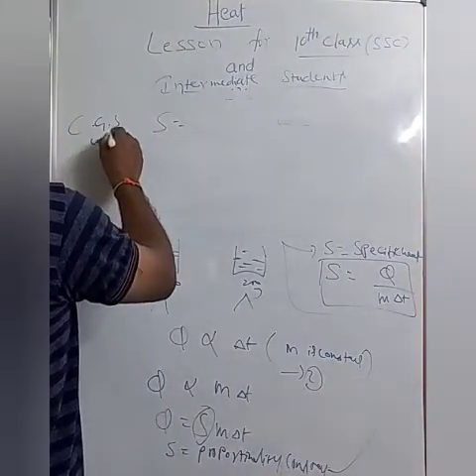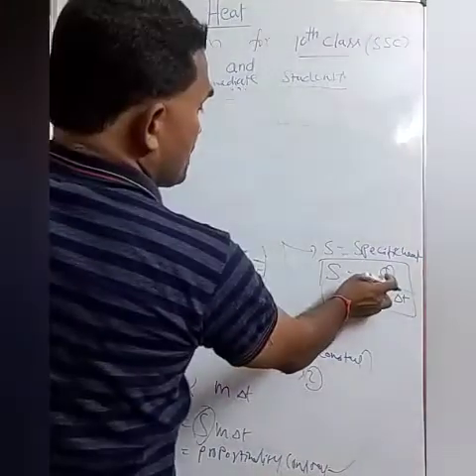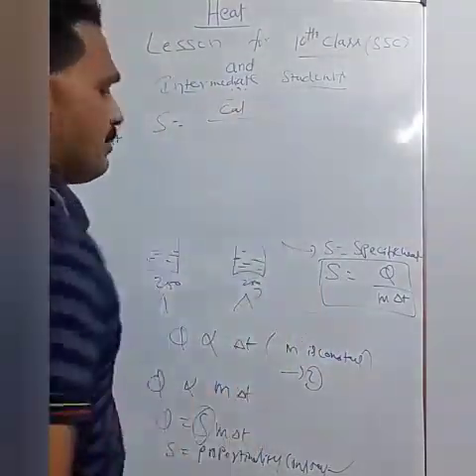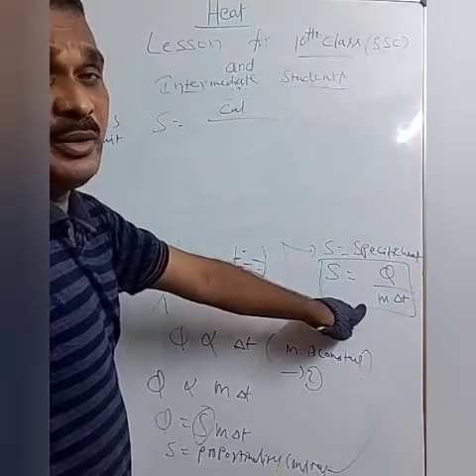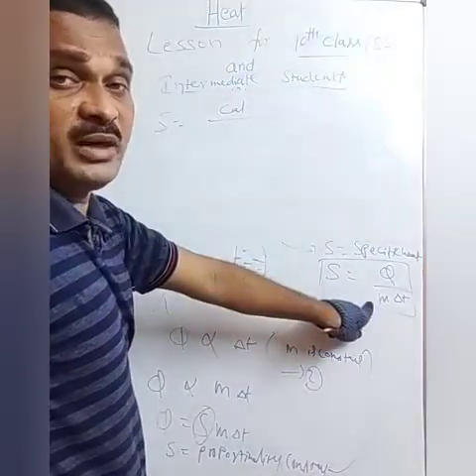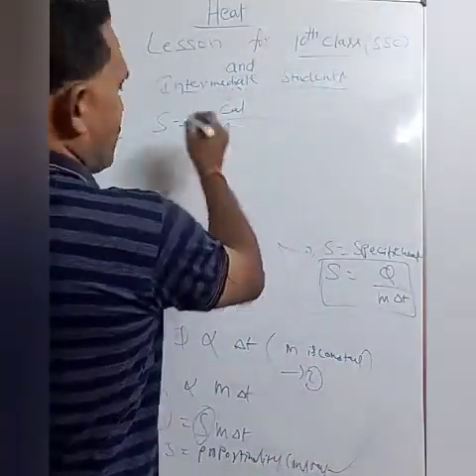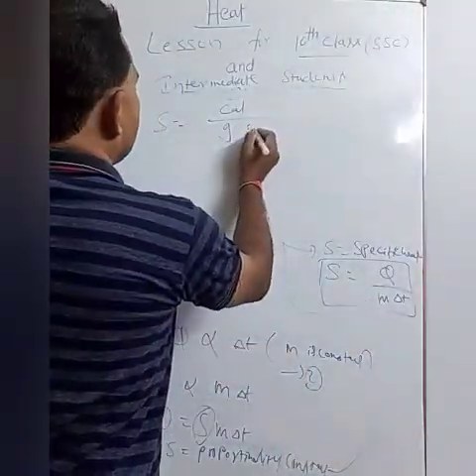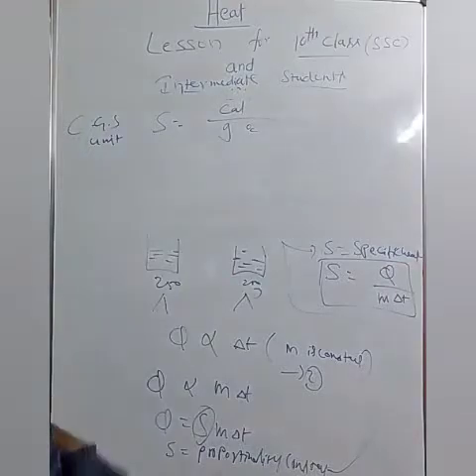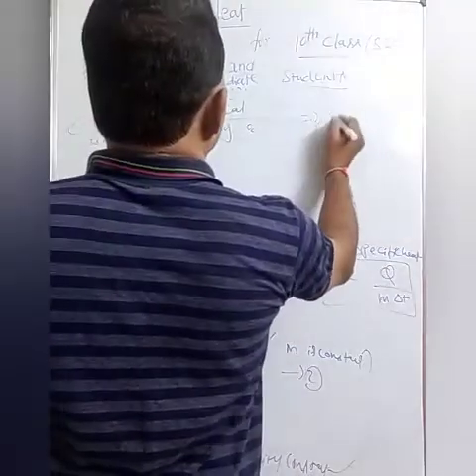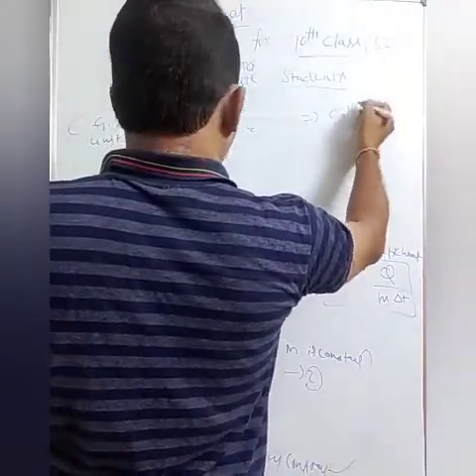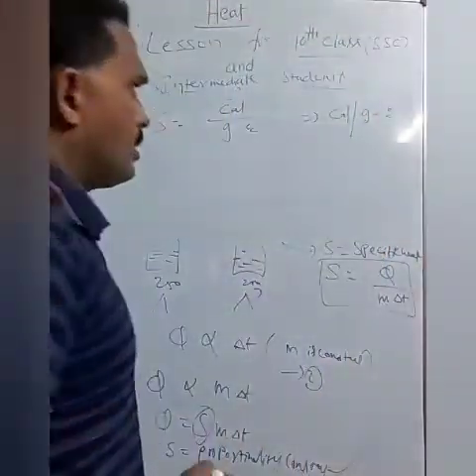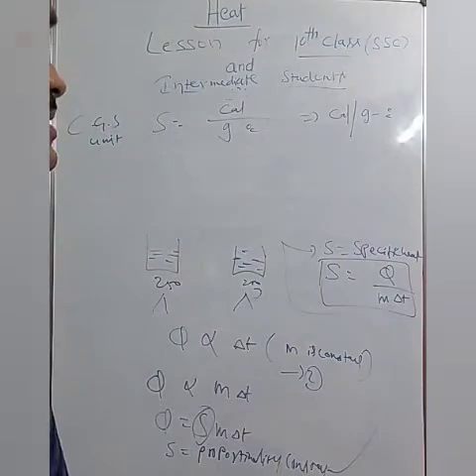The CGS unit of Q is the calorie, cal, divided by the CGS unit for mass, grams, and for change in temperature, degrees Celsius. We can write this as cal per gram degree Celsius.